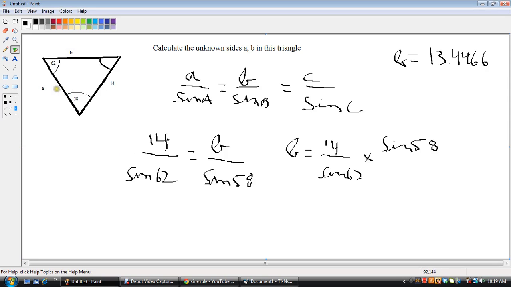To find A, if we look at the sine rule, we actually need to find the value of this angle.